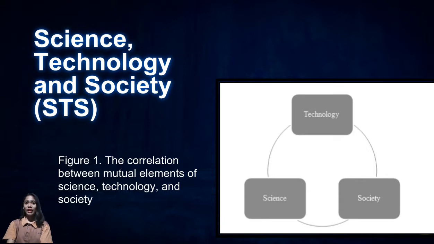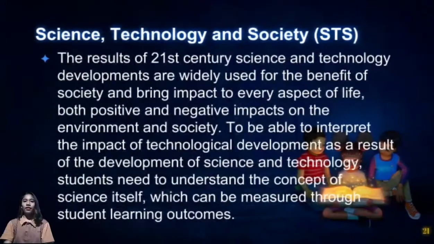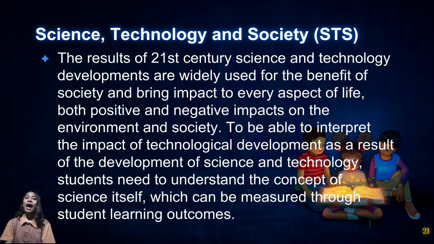As you can see, the first figure is the correlation between mutual elements of science, technology, and society. The results of 21st century science and technology developments are widely used for the benefit of society and bring impact to everyday aspects of life, both positive and negative.